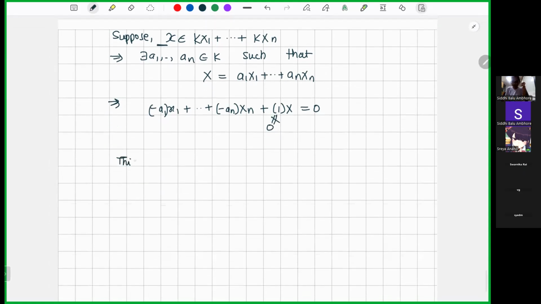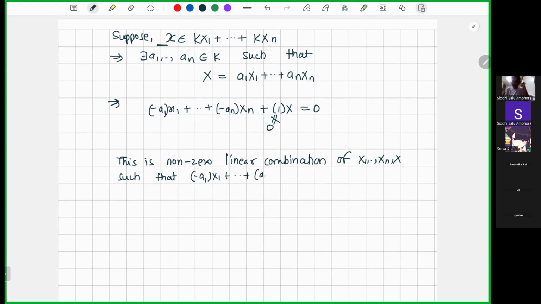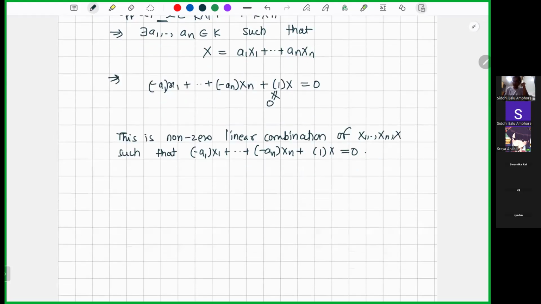This is a non-zero linear combination of x1 to xn and x such that minus a1 x1 minus an xn plus this 1 times x is 0.